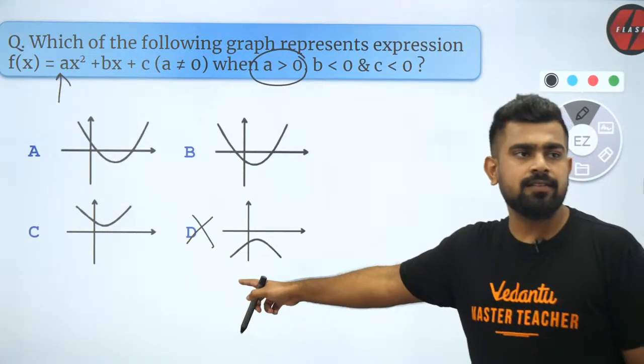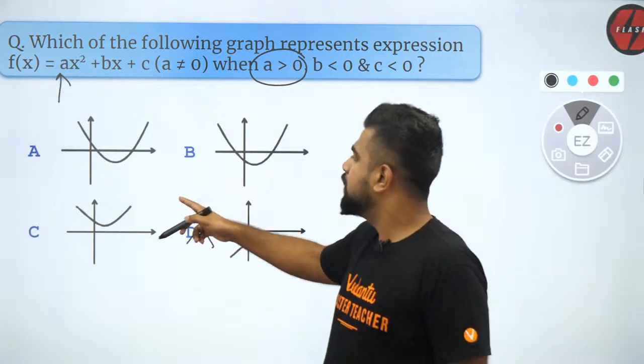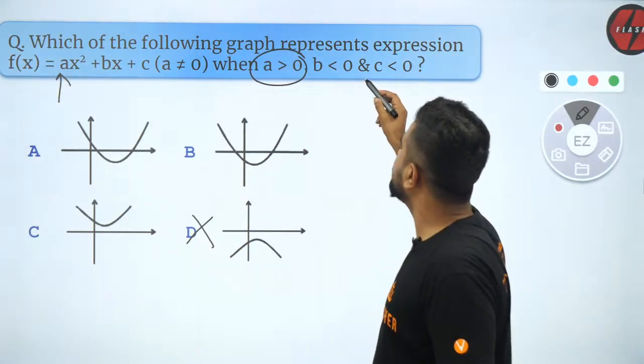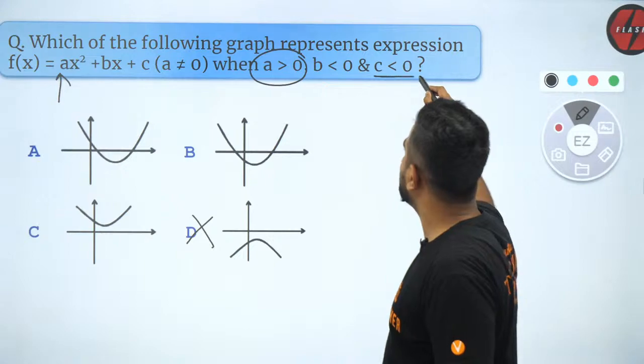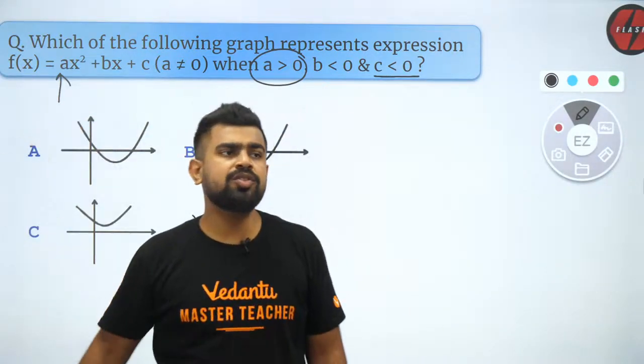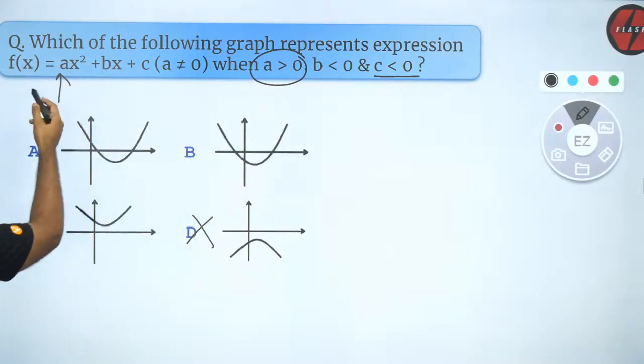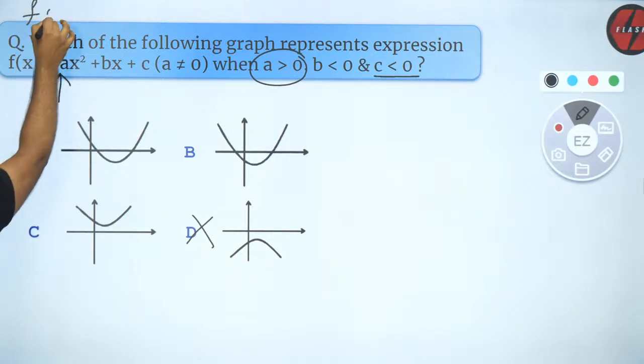Is this correct? Brilliant. Now, what else do we know? We know that C is less than 0. Guys, don't you think C is nothing but the value of the function at x equal to 0?